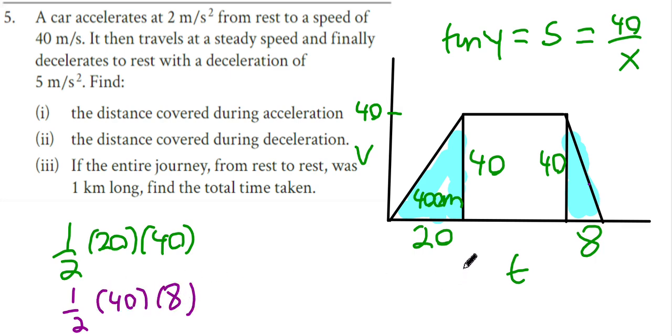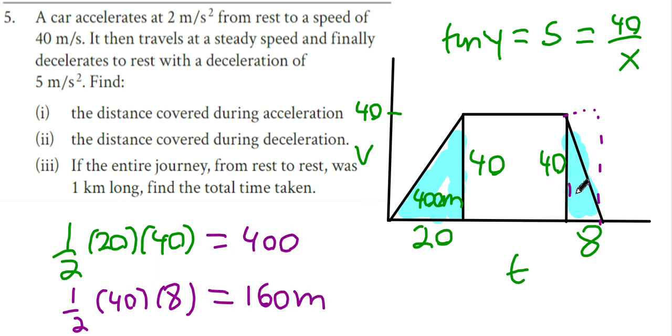The area of a rectangle is length by width, so the area of a triangle is half length by width. So a half of 40 times 8 is 160. And that one earlier was 400, and that's 160. Is that okay with you guys?